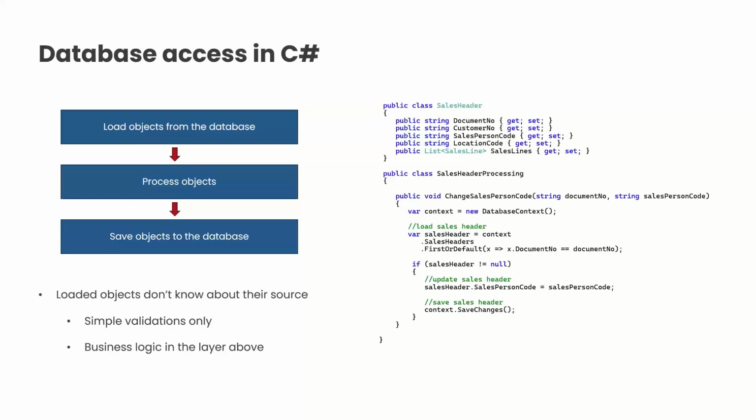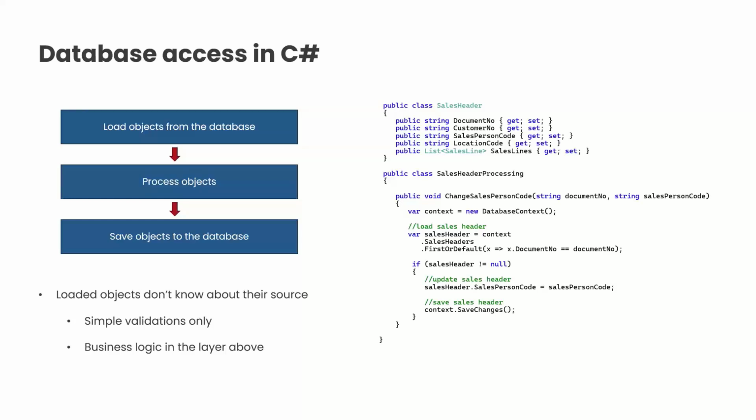So they don't know where the database is. That's the difference between C# and AL. In AL, in a validation of the field, you can go to the database and get data from other tables, while in C# you don't, because data are loaded from the database by a different class, something that is higher in this application structure.